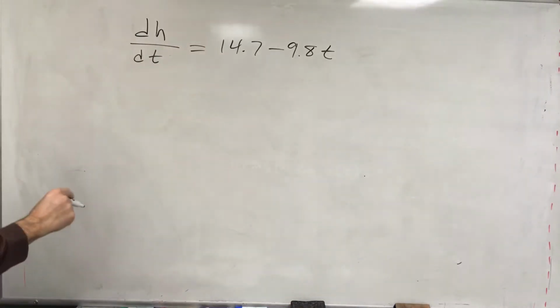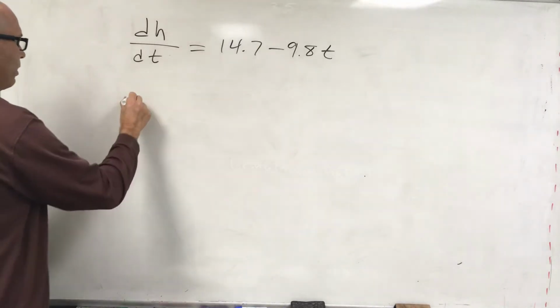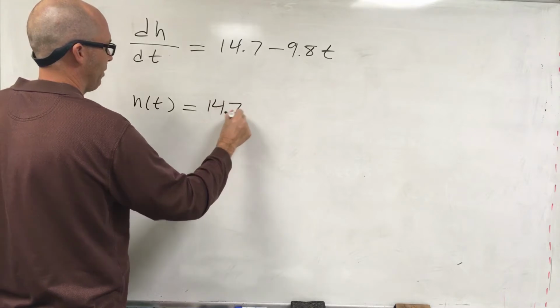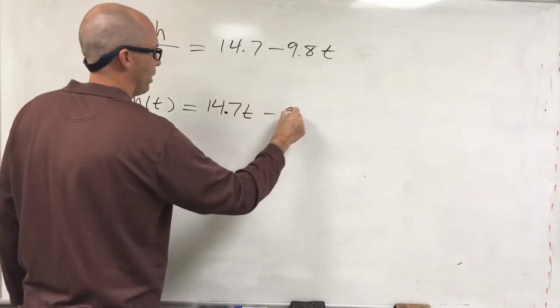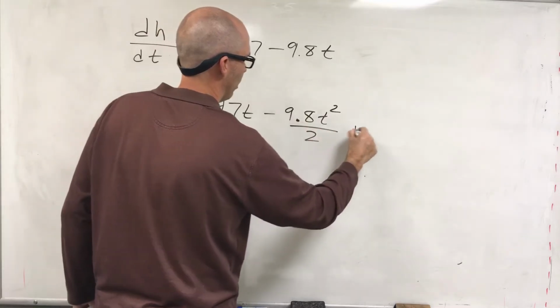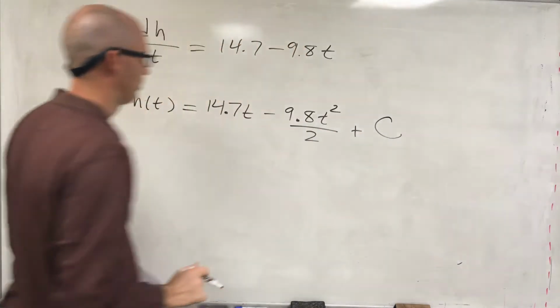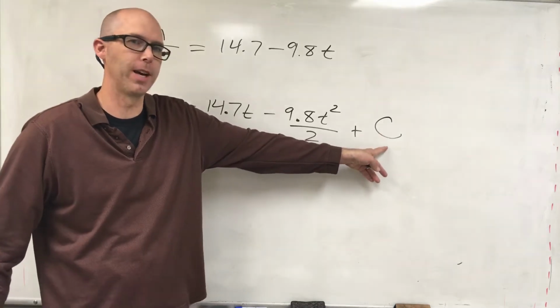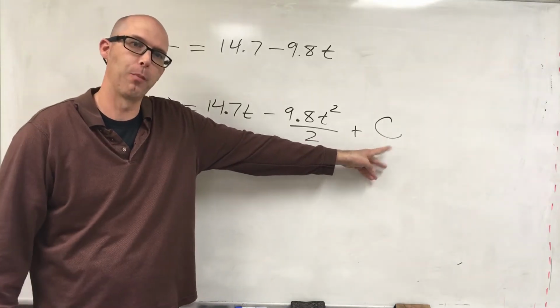Okay, so this is h prime, so we'll find h. H of t is 14.7t minus 9.8t squared over 2 plus some constant. Now if you're worried about, hey, we don't have an initial condition to find that constant, that's a good thing to be worried about. But guess what?